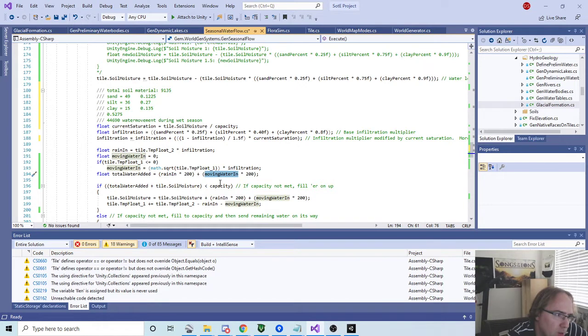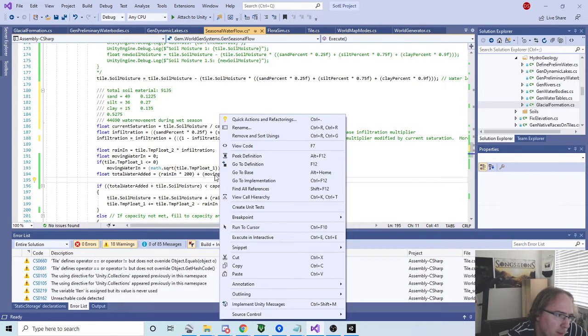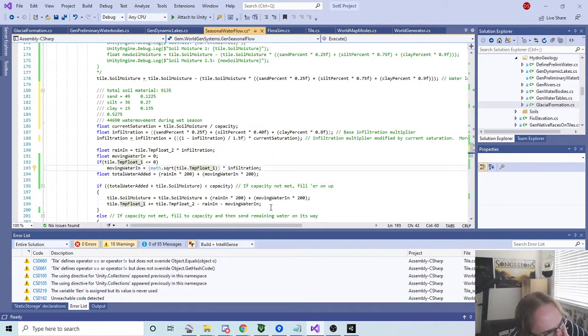How can that be possible? Moving water in. Tile temp floats times infiltration.